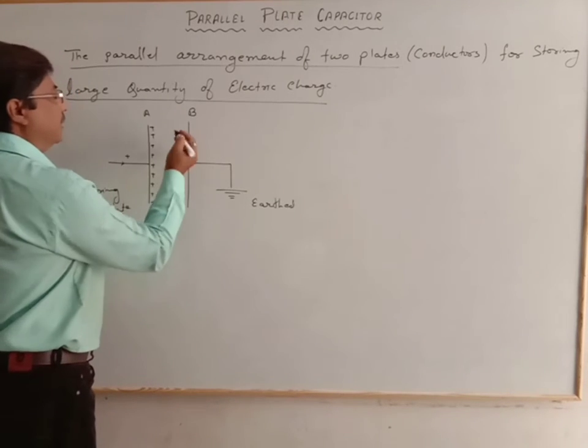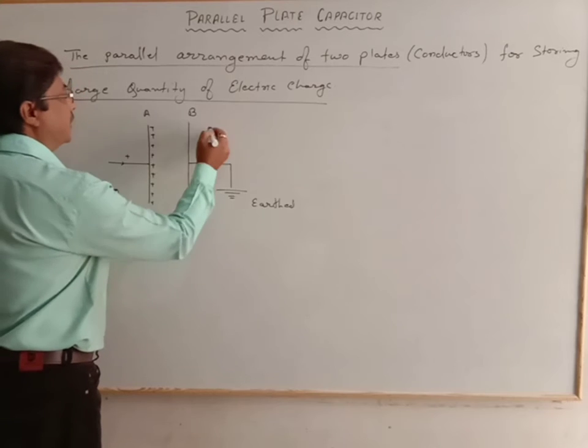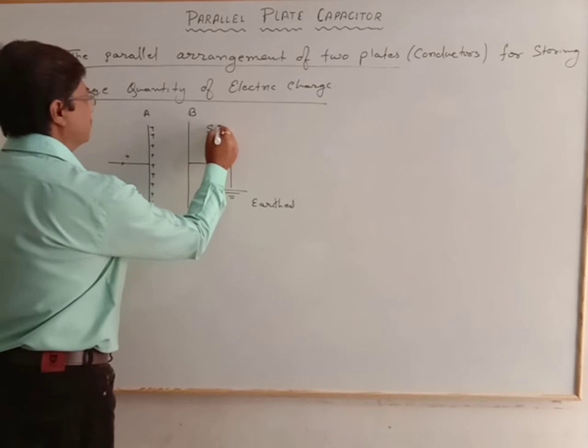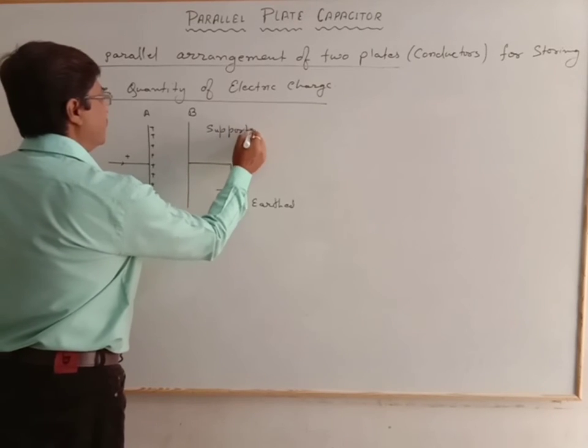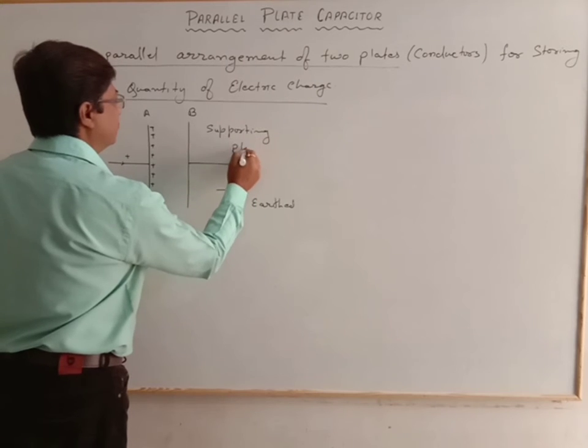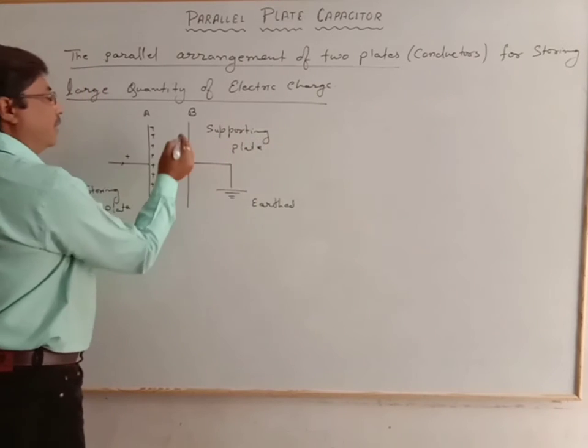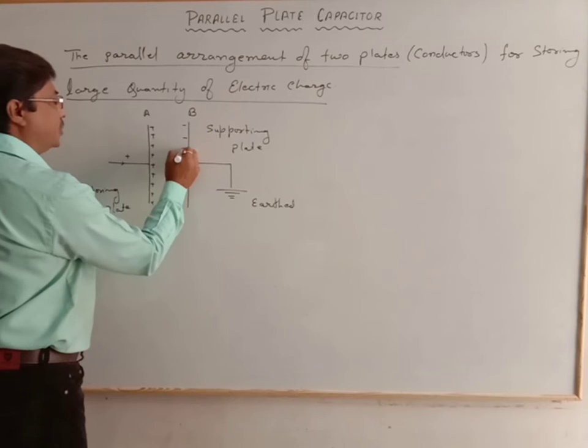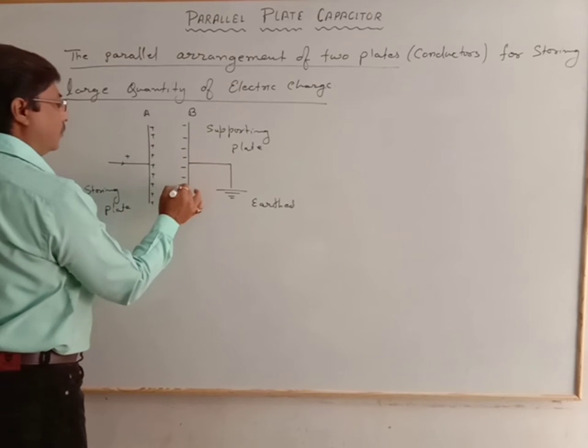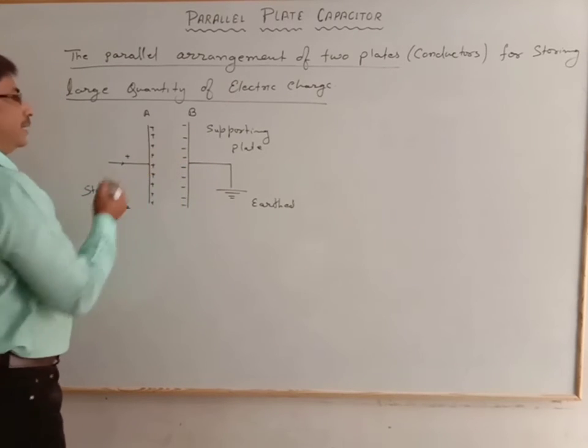Positive charge is here and negative charge is induced in the supporting plate B, according to the positive charge in plate A.